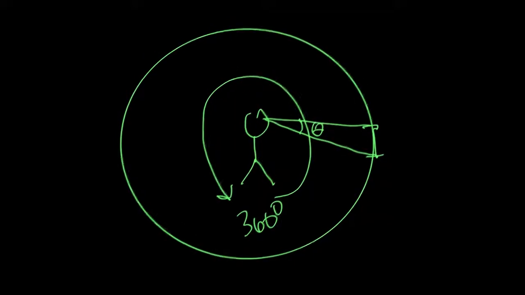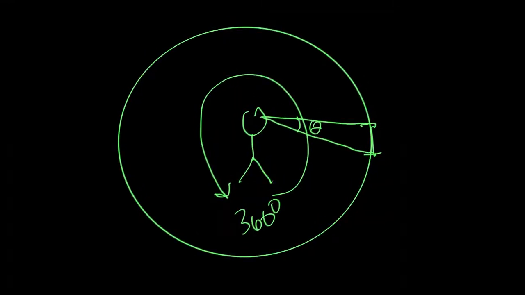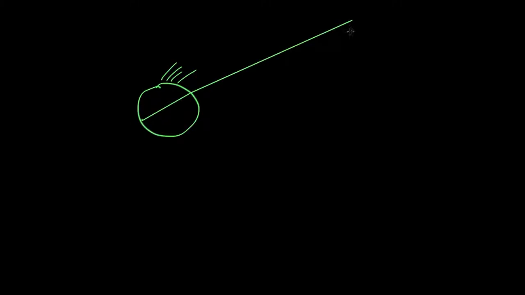Now, let's look at this in detail in terms of the math. So imagine I'm having my eye, and I'm seeing something that is a long ways away. For example, the light's coming in here from infinity, and it's forming an image on the back of my eye, my retina.